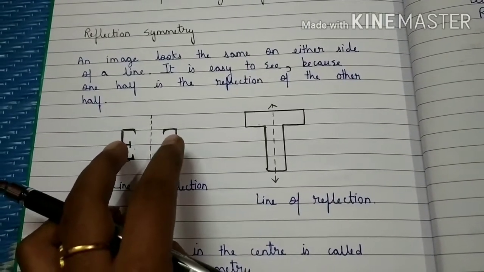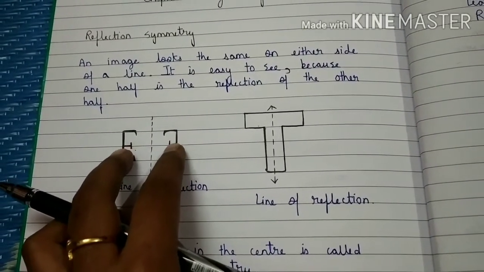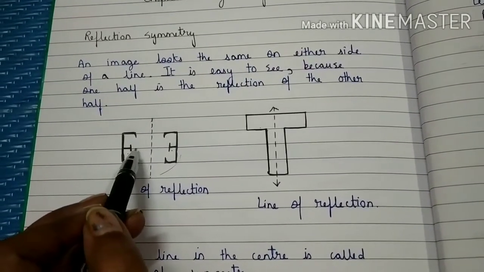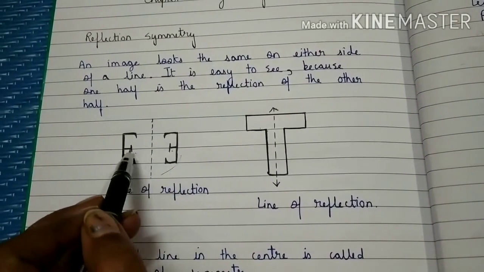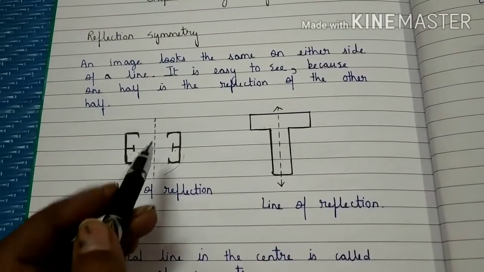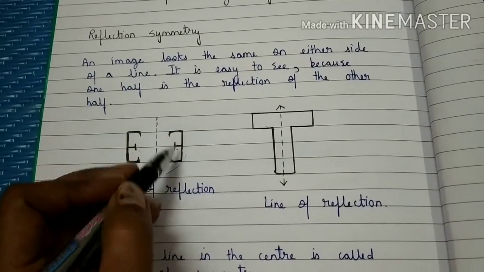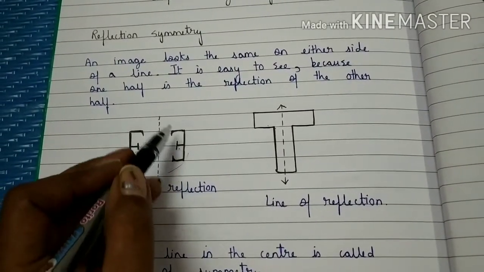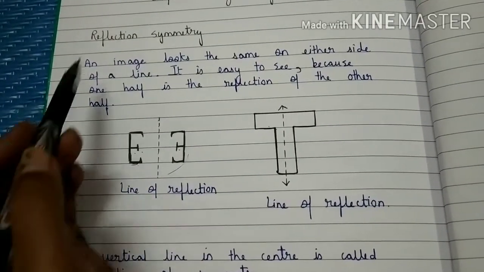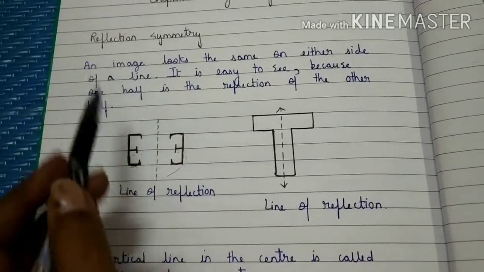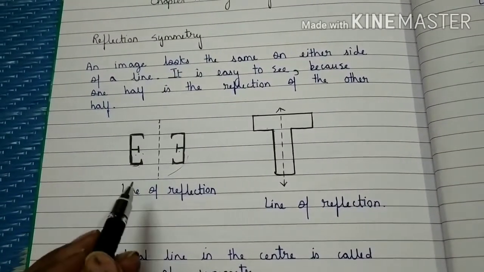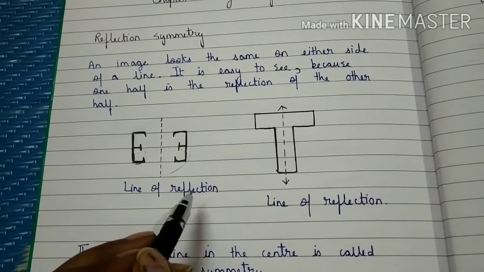They are facing each other and they are similar to each other. So students, we can say that this E is the reflection of this one. This type of reflection is known as reflection symmetry, and the line through which we can see reflection is known as the line of reflection.